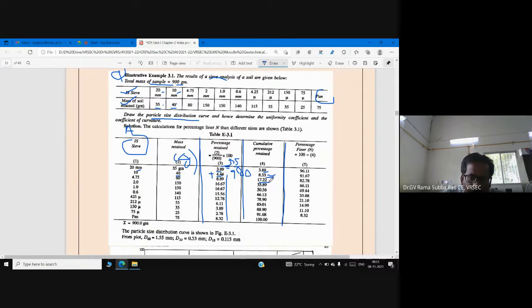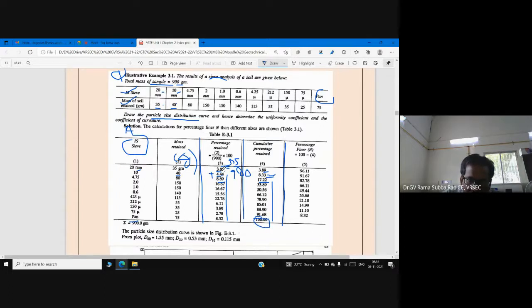How did we get 17.22? It is the sum of 3.89 plus 4.44 plus 8.89. Similarly, in the same way, we calculate the cumulative percentage retained for the rest. At the last one, that is at pan, it is 100.